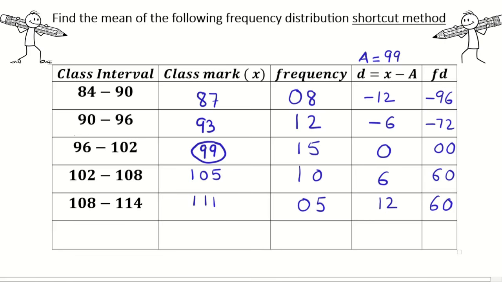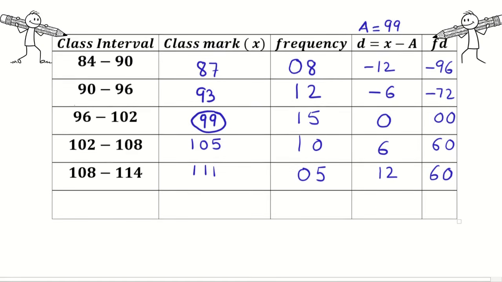So here we have become successful in completing the table. Where the question arises, d is equal to x minus a, means again you are manipulating. No, I am not. Okay. So now what is the formula for mean?